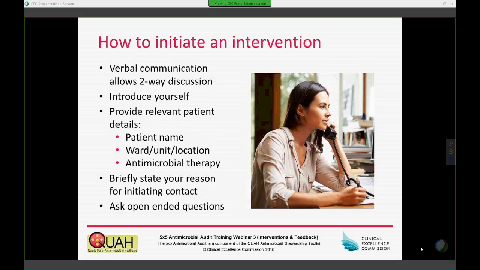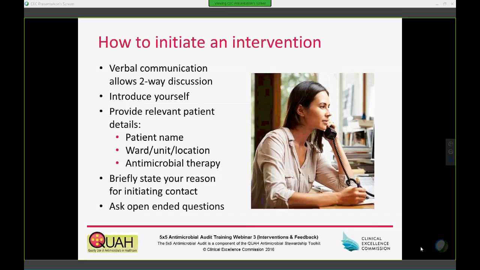In terms of how to initiate an intervention, we would always recommend verbal communication as the first point of contact. This allows 2-way discussion, and if you need to clarify the indication for antimicrobial therapy, it gives you the answer and then you're able to go on and continue with the audit.